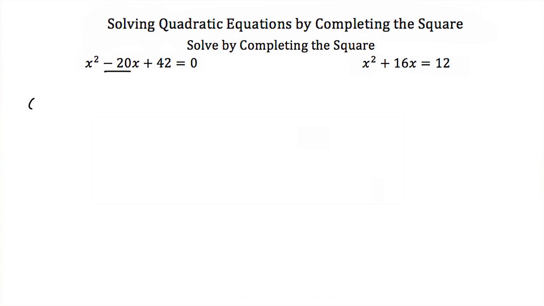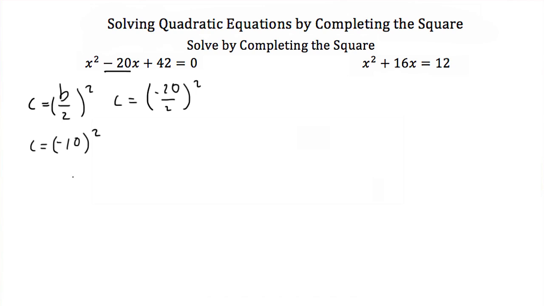So what we do is we plug that in and we solve for our constant term. Remember, c is b over 2 squared. Now my b is negative 20, so I'll have c is equal to negative 20 over 2 squared.